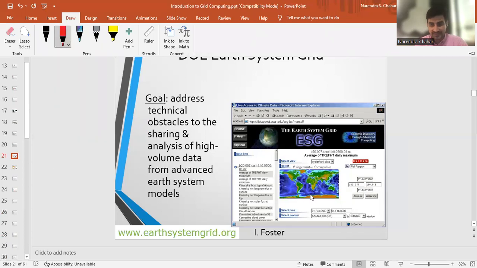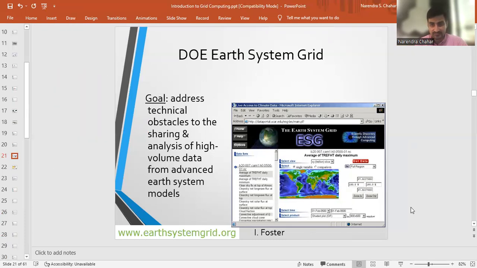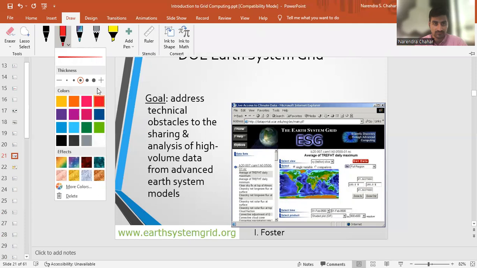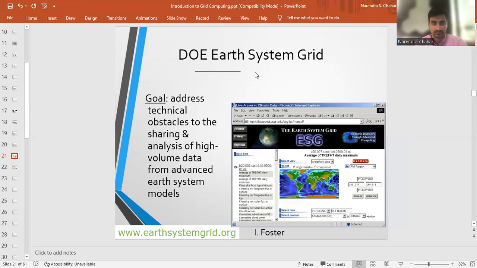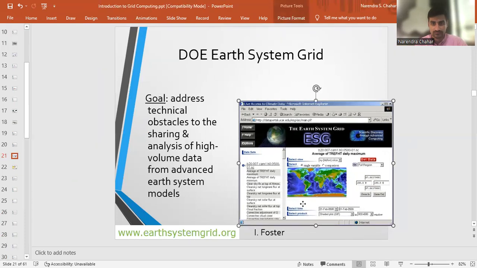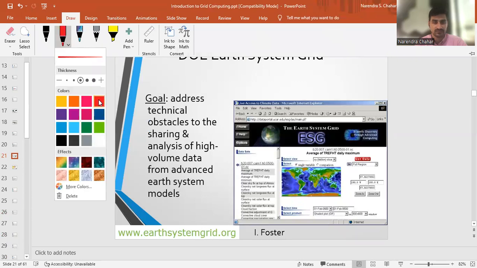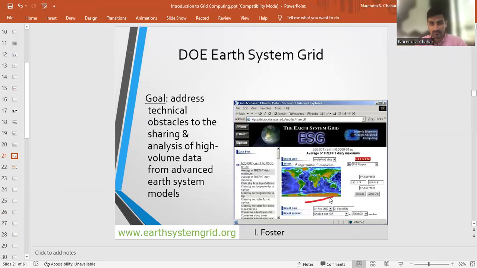If wind is coming from this side, then it is obvious that here is India.